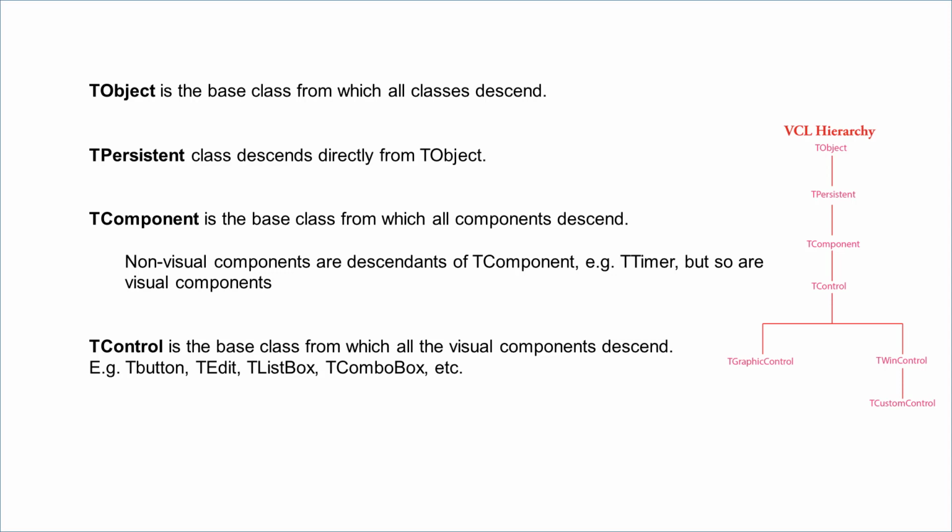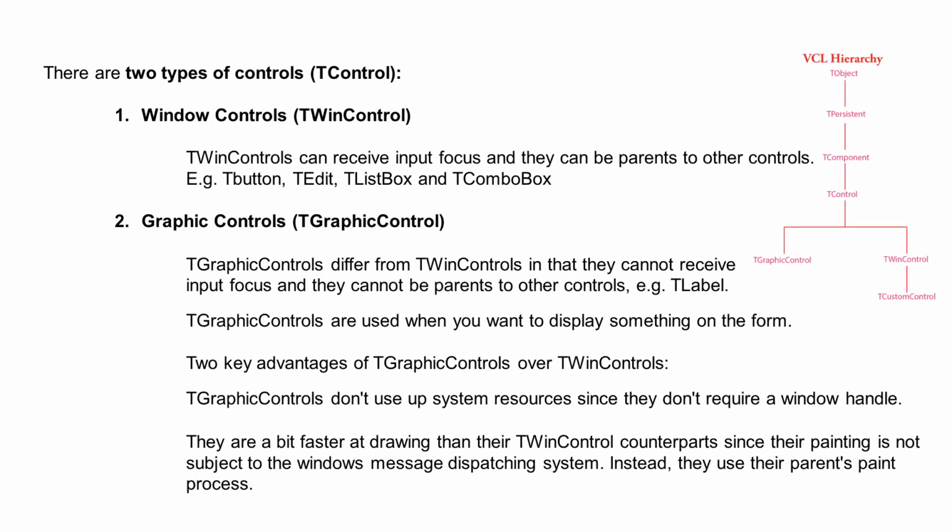Now the TWinControl can receive input focus, and they can be parents to other controls. So examples are TButton, TEdit, TListBox, TComboBox, whereas TGraphicControl cannot receive input focus and they cannot be parents to other controls. For example, TLabel. So TGraphicControls are used when we want to display something on the form.